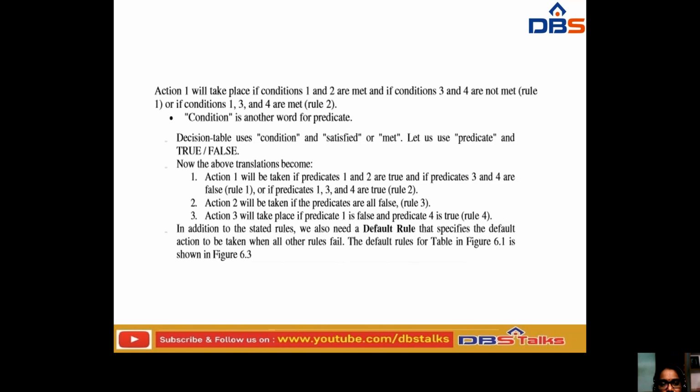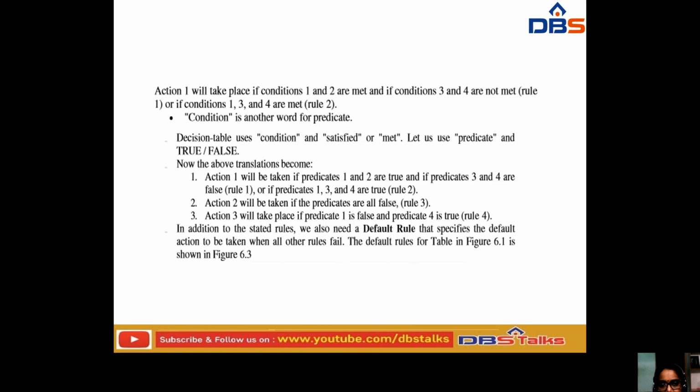So now the above translations become: action 1 will be taken if predicates 1 and 2 are true and predicates 3 and 4 are false, that is applied by rule 1. And if predicates 1, 3 and 4 are true, we use rule 2.